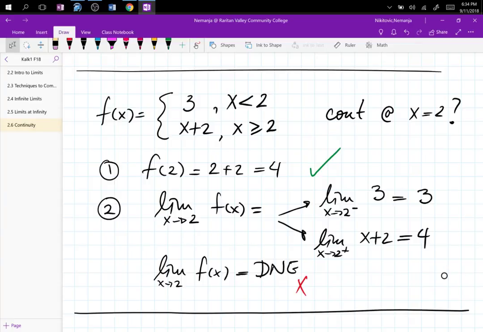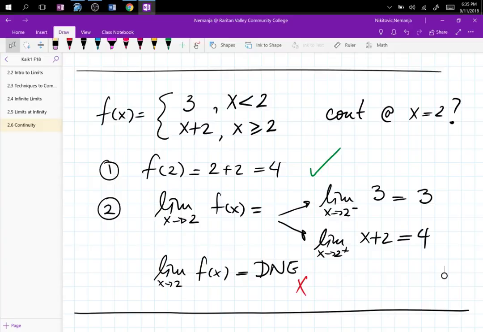In this case, it's only 1 foot or 1 mile apart between the y value from the left and the y value from the right. We call that jump discontinuity. We say it's discontinuous because it failed on one of the rules.